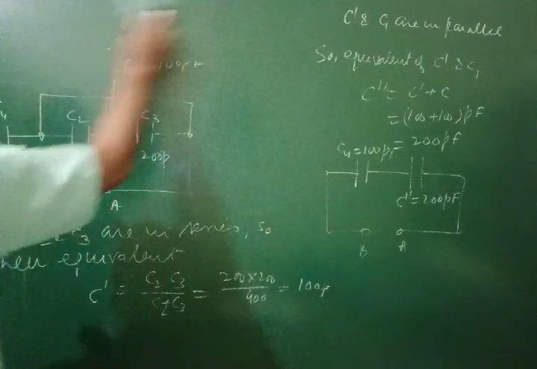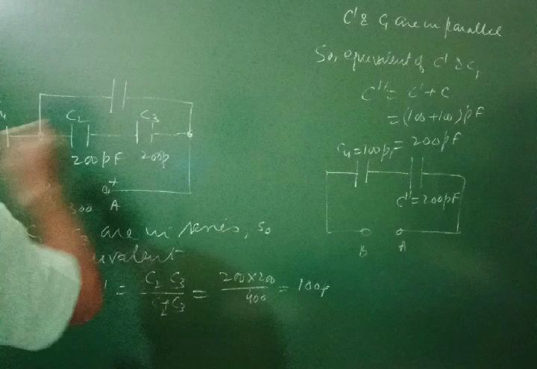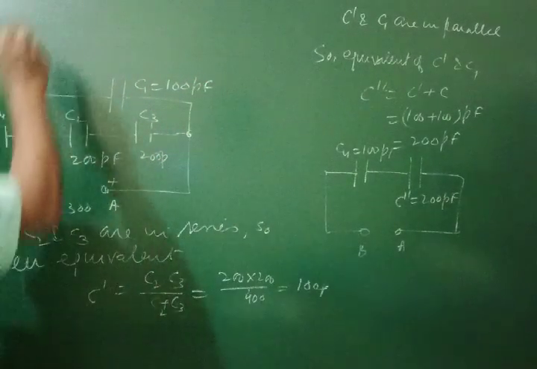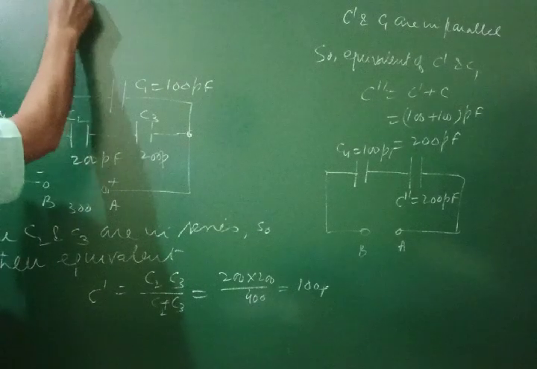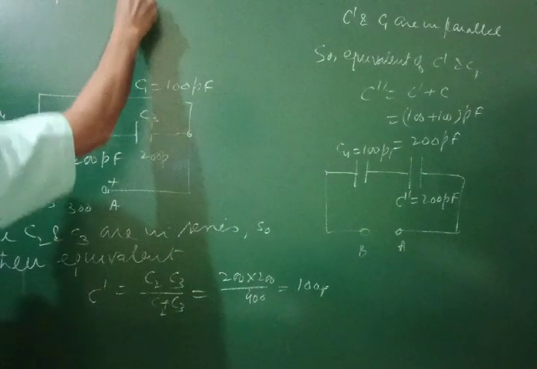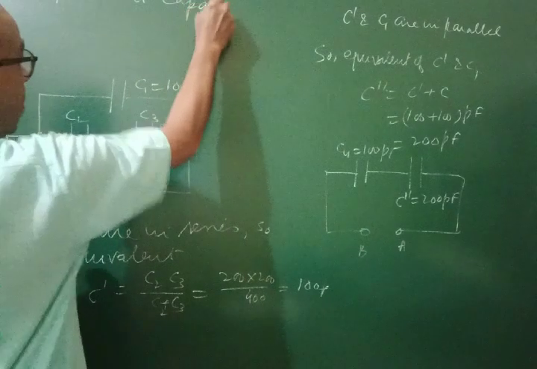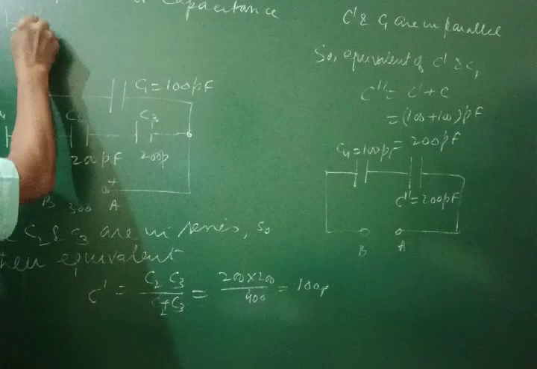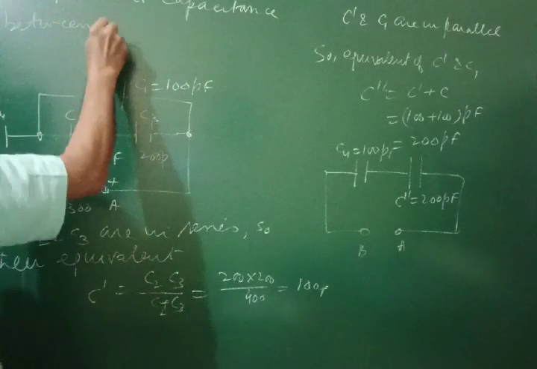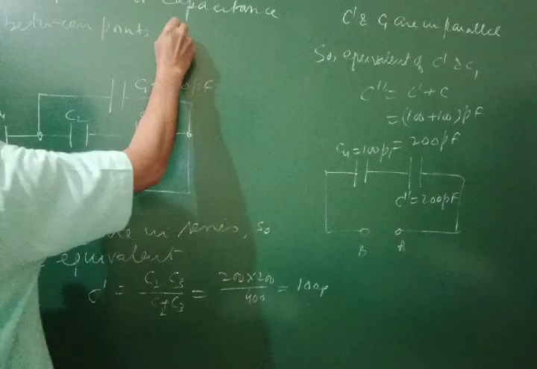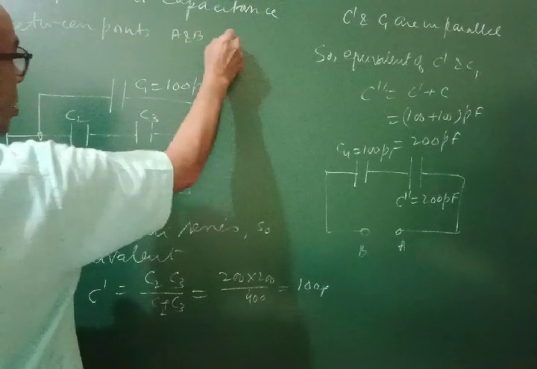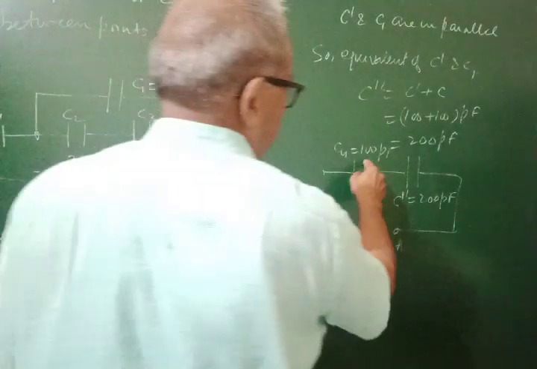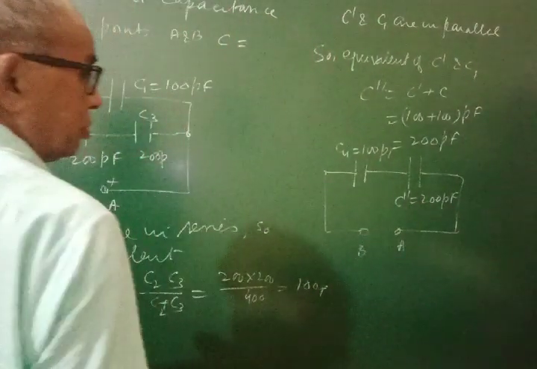Therefore, the equivalent capacitance between points A and B, C equal to, 100 and 200 are in series.